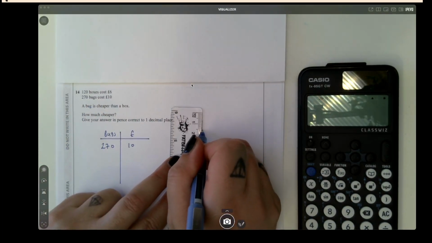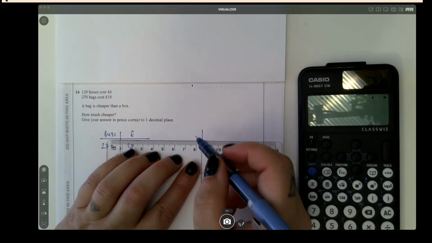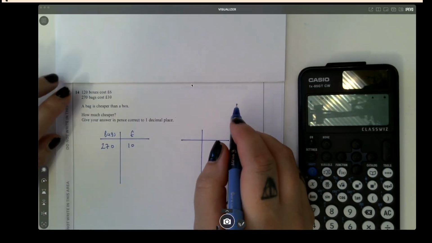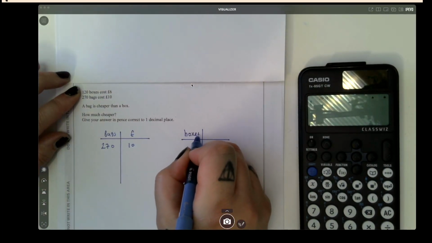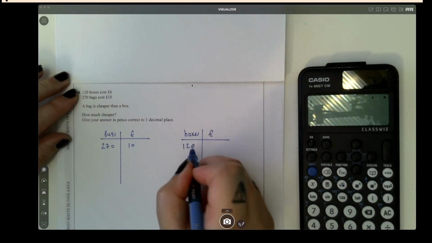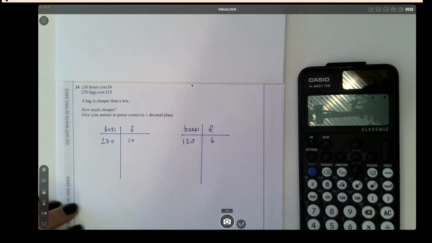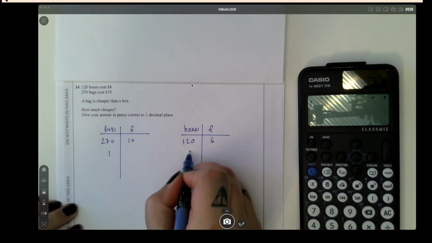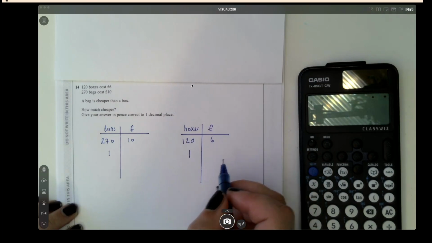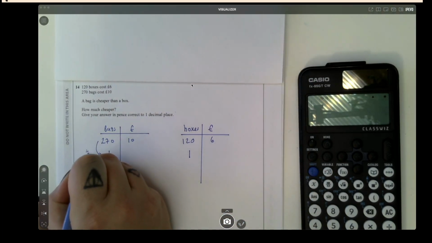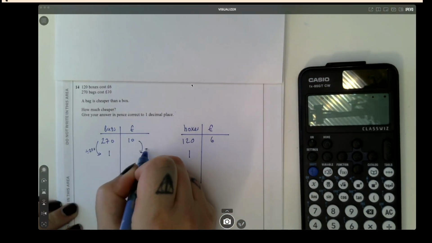And then if we've got boxes and price, 120 boxes is £6. So we're going to work out the cost of 1 bag and 1 box, and then we're going to compare them. So we're going to divide by 270.